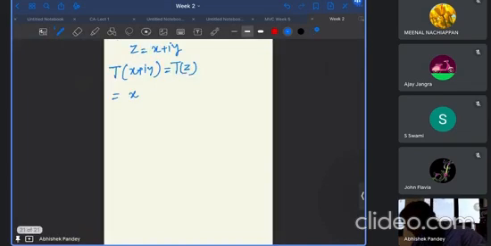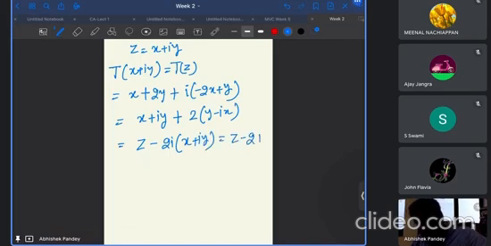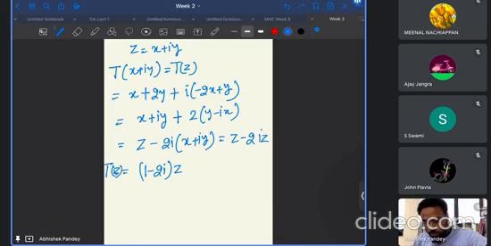In complex form it is x plus 2y plus i times minus 2x plus y. So this is x plus iy plus 2y minus 2ix. So this is z minus 2i times x plus iy, which is z minus 2iz, which is 1 minus 2i times z. So T of z is equal to 1 minus 2i times z.